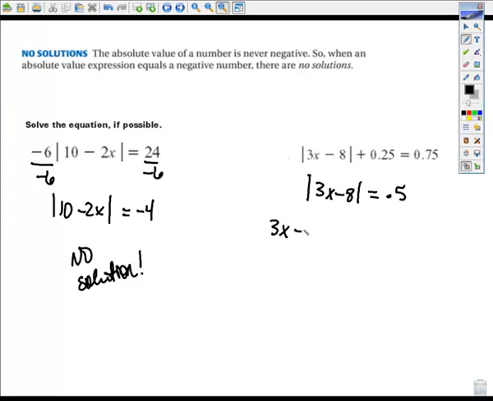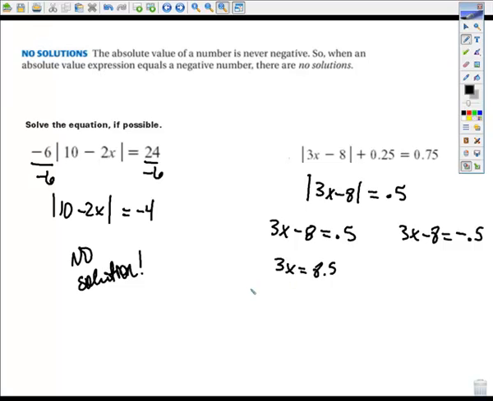So 3x minus 8 equals a half, and 3x minus 8 equals negative half. So we get 3x equals, when I add 8, I'm going to get 8.5.